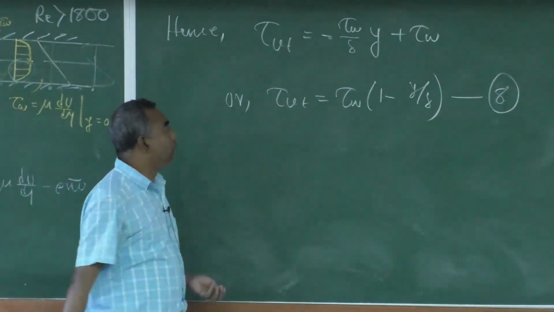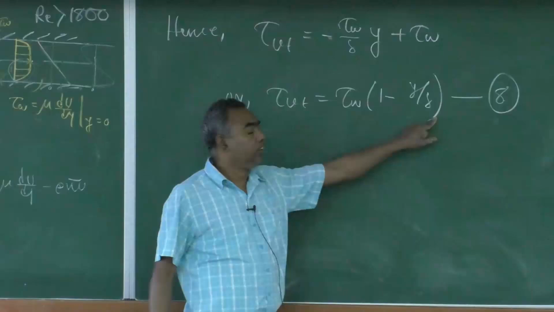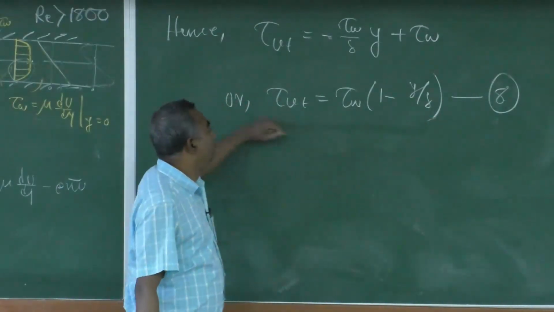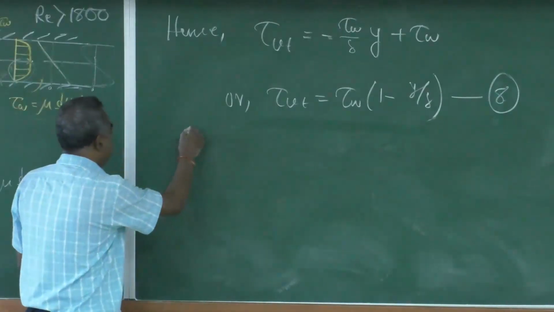So, you see tau_t, the total shear stress, varies as this. Now, let us draw it.